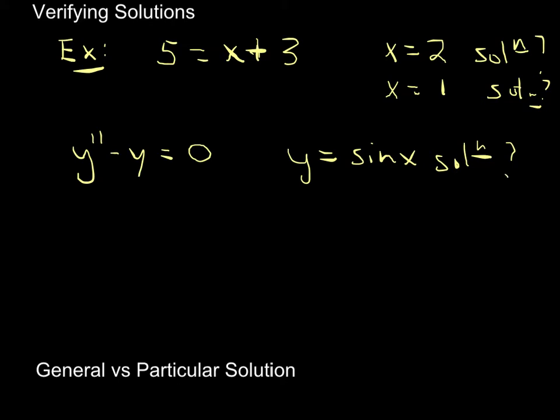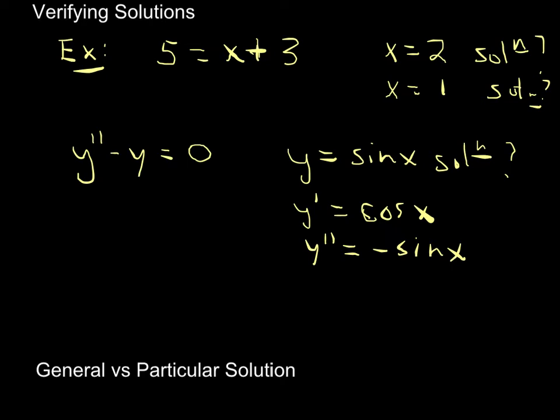Well, now I go back here, right? The equation actually has the second derivative of y and y in it, okay? So in order for me to verify it, I actually have to find the second derivative. So I go and find the first derivative, right? Should be easy. Cosine x, right? And then we can go and find the second derivative, which should be easy now, which is now minus sine x, right? Okay.